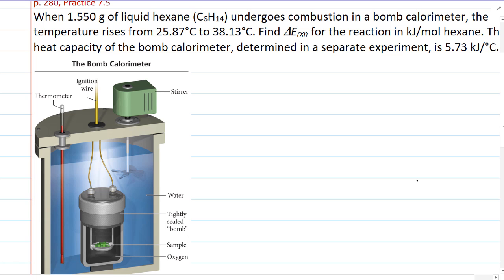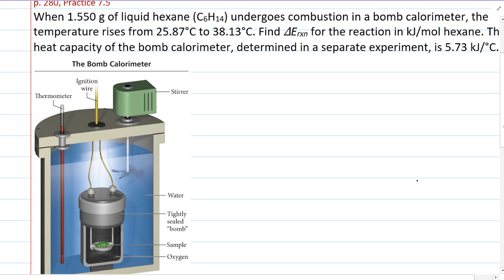This is a connector to a gas supply. We add the oxygen to a pressure of about 25 to 30 atmospheres. So not only is it pure oxygen, which makes things burn rapidly, we put it at a super high pressure so that the oxygen molecules are super crowded together and make sure that it reacts thoroughly.